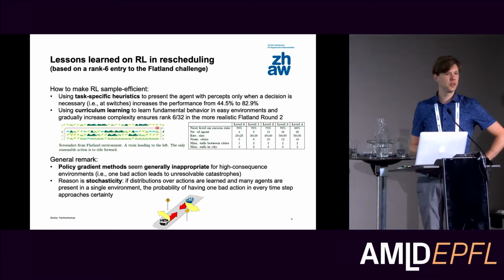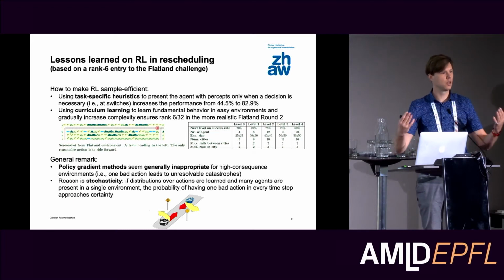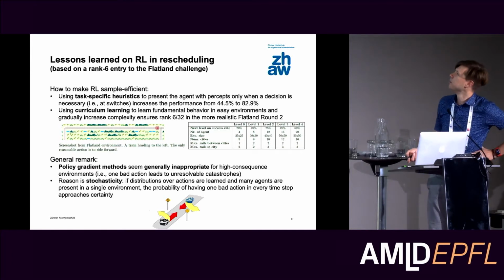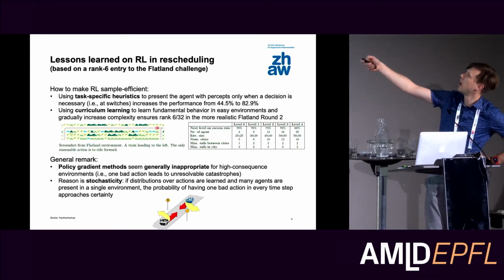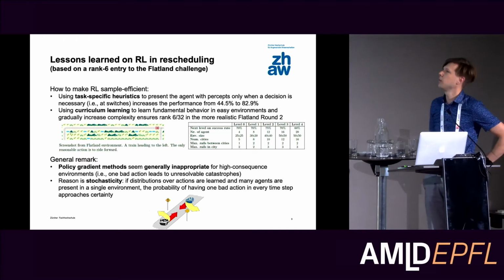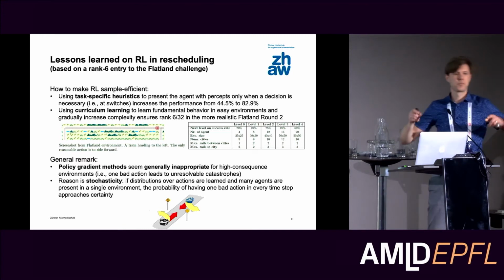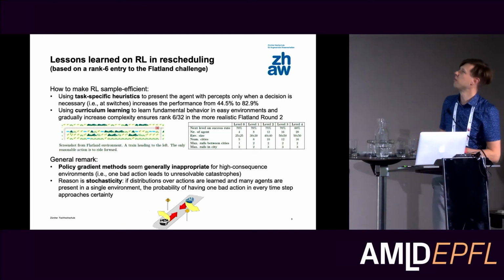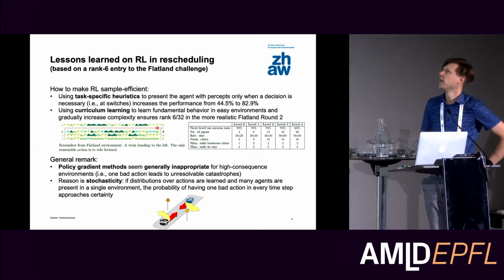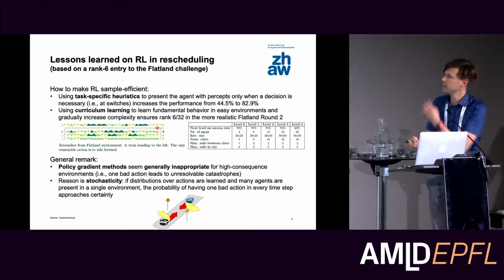It eased the learning task considerably to take away a lot of decisions from the agent that it actually does not have to take. And it improved the performance. This is how many of the trains actually reached their goal in the first round; it basically doubled it. So that helps.